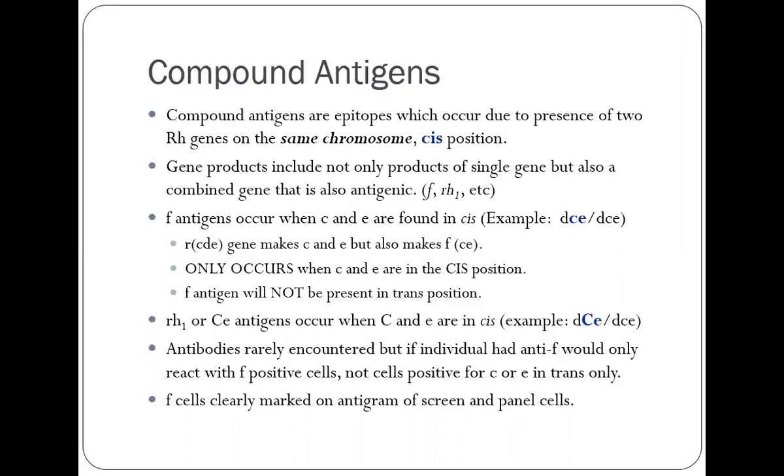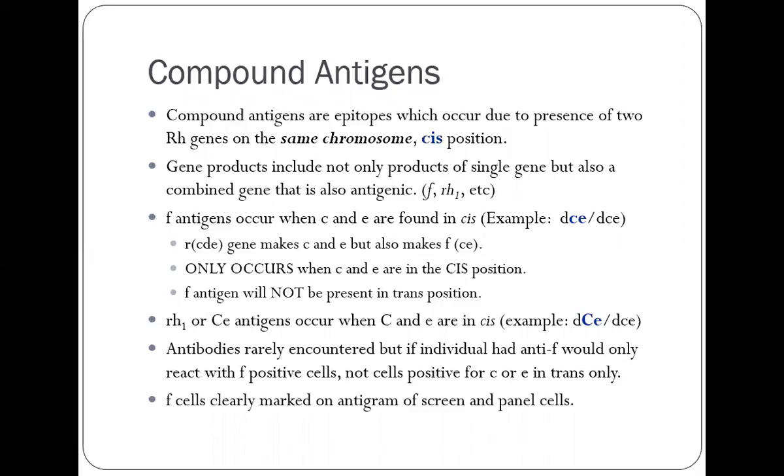But the F antigen is going to be found whenever you have a little c and a little e in the cis position, such as the example of little r that's right here. You have D, little c, little e, and a D, little c, little e. So this gene actually codes for the F antigen because the little c and the little e are in the cis position.